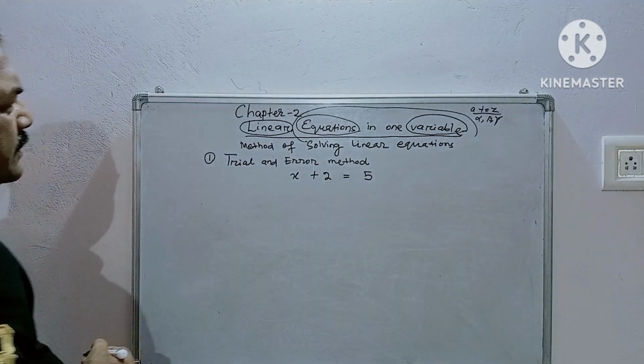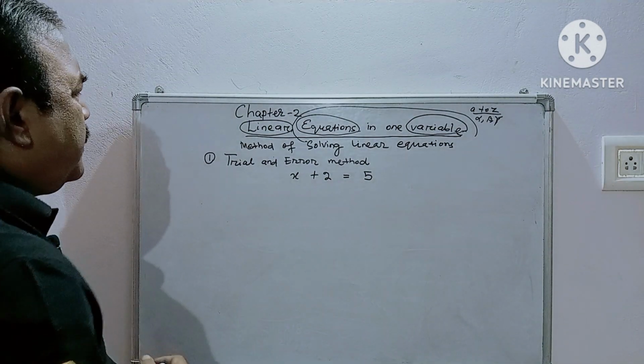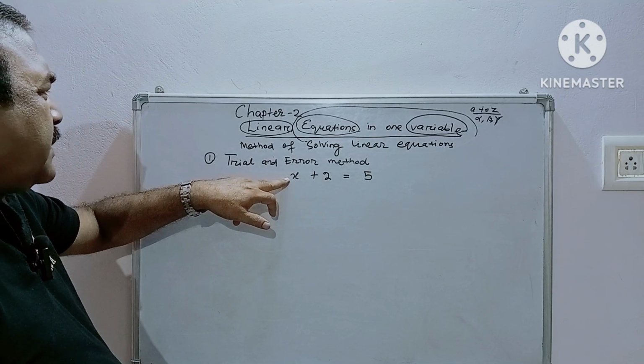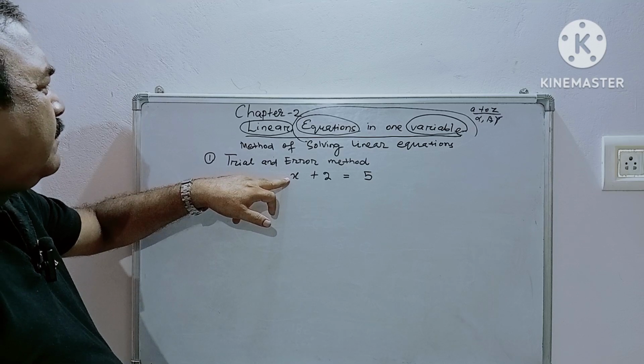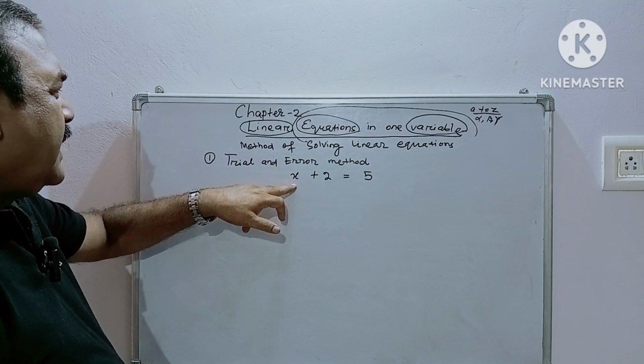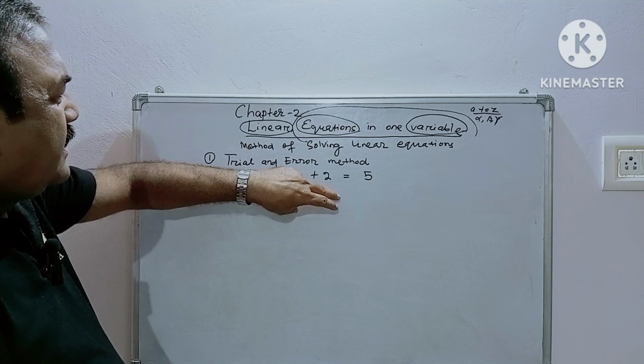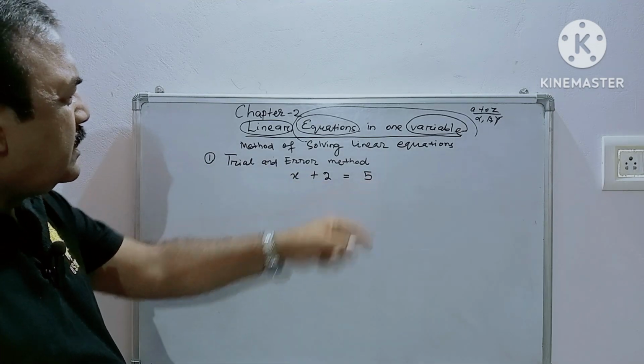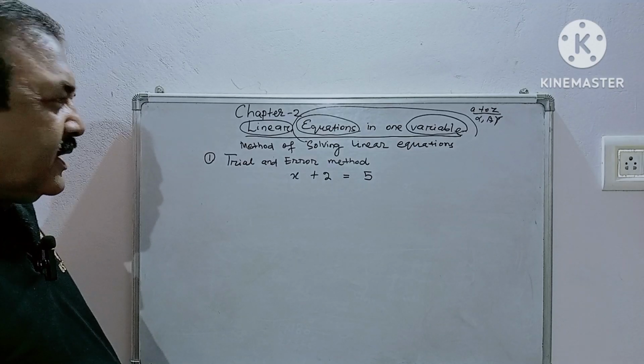So what do we have to do? I have to do the experiment. I have to take some constant values for the variable, put them here, and see whether the left hand side of the equation is equal to the right hand side of the equation or not.